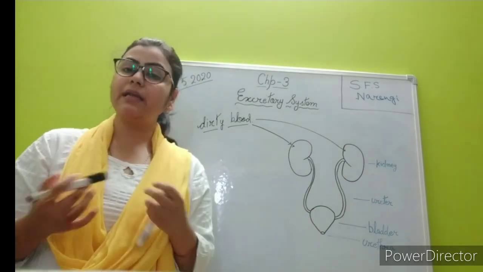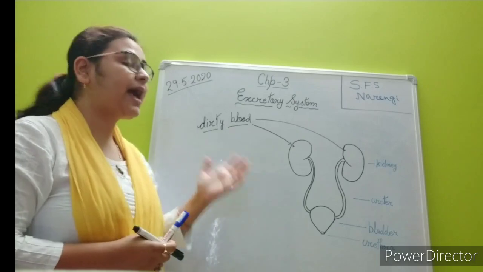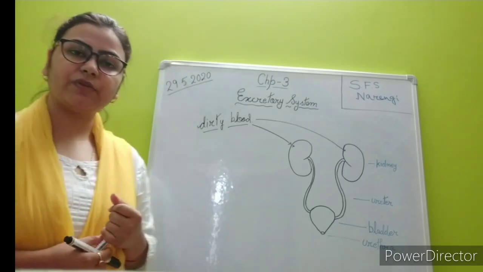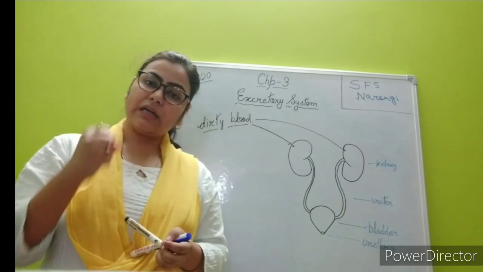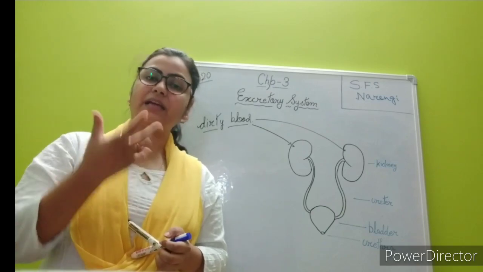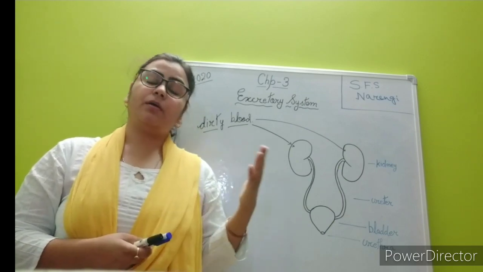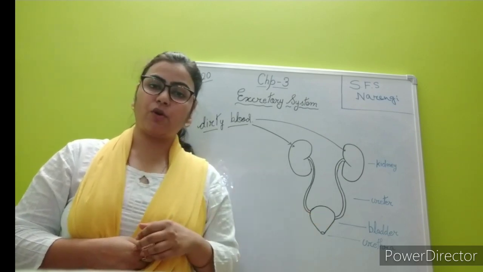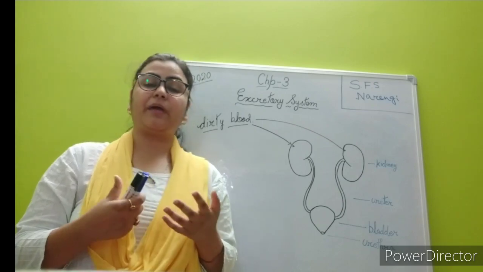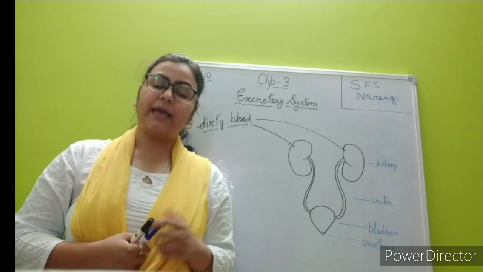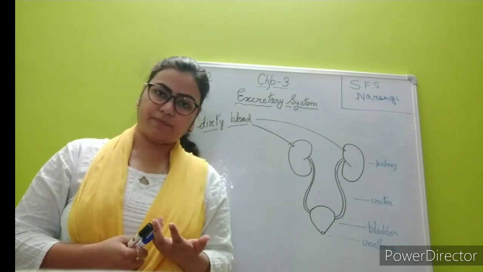Now in the kidney, the kidney acts as a filter. What is the work of a filter? The filter keeps back all the dirt and gives out pure things, right? Like we all have filters at our home. We have the AquaGuard, we might have Pureit. There are so many brands, right? What is the work of that? It gives us pure water.